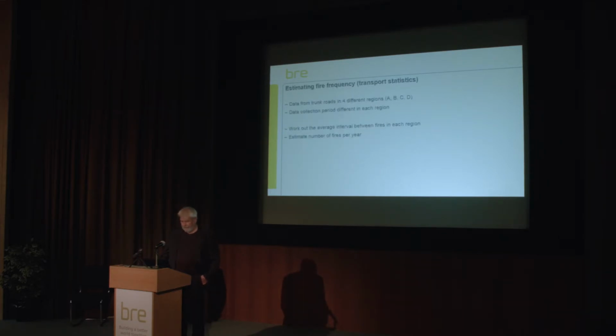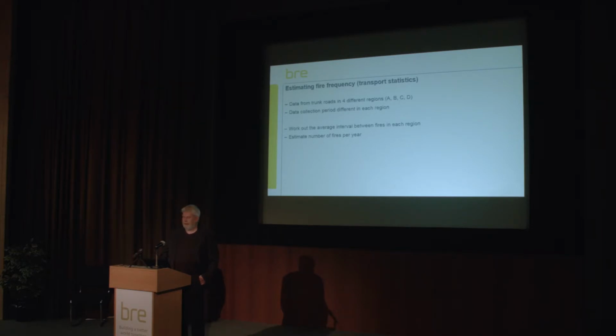So looking then at the transport stats from the area where this material was intended to be used, the trunk roads in 4 different regions, the data collected by the trunk road operating authorities over a different period in each region.